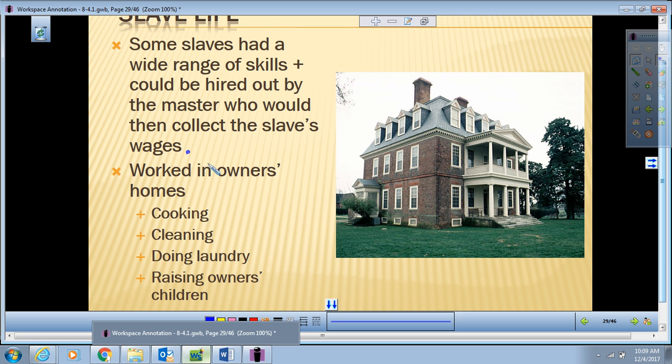Does anybody remember about this slave I told you that was a carpenter in Charleston and hit the lottery? No? All right, we'll learn about him in the next section. His name's Denmark Vesey. He was a good carpenter, and he saved money, and he actually bought a lottery ticket and won and bought his freedom. However, later he was accused of trying to lead a slave rebellion and was found guilty and, I believe, put to death.